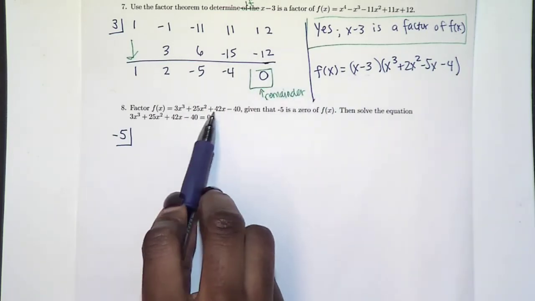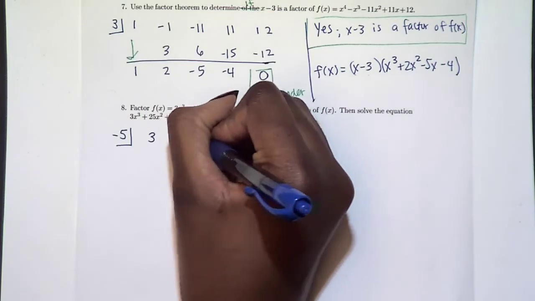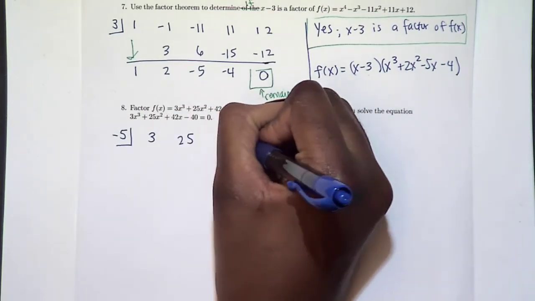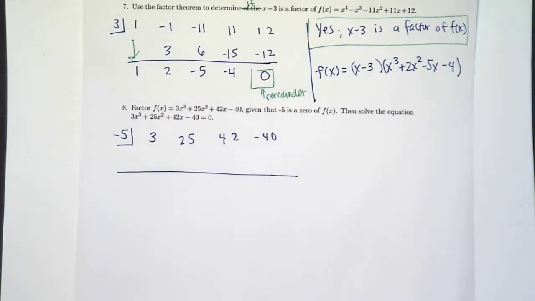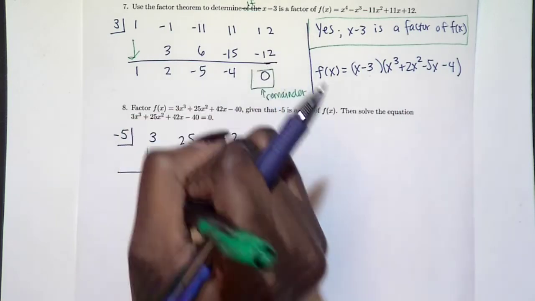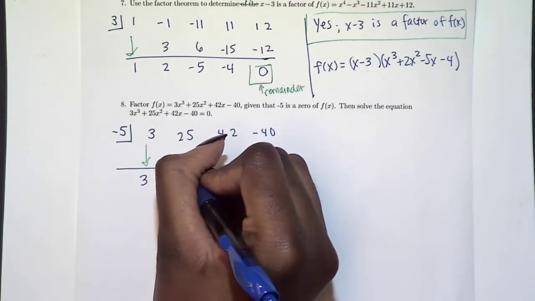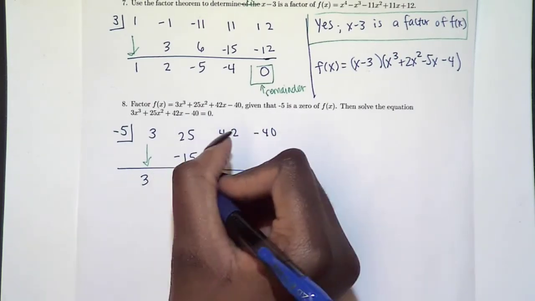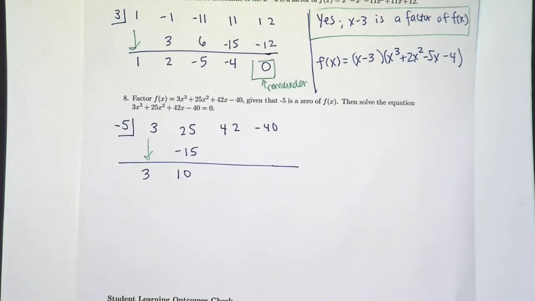Coefficients, make sure everything is there and in order. So we're going to use 3, 25, 42, and -40. Skip a space, drop the first one down. 3 times -5 is -15. Adding 25 and -15, we get 10. -5 times 10 is -50.